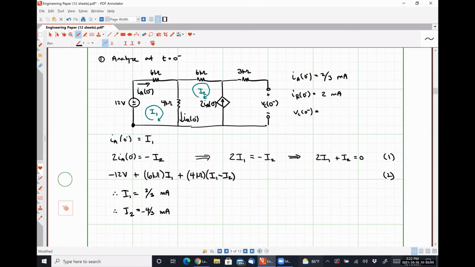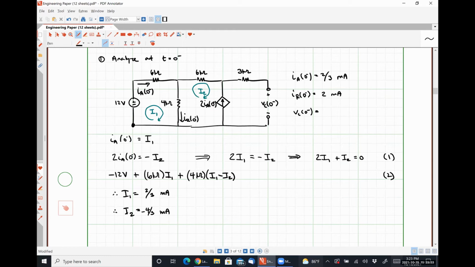Anybody have any thoughts on how we might determine VC? Across what resistor? The 4K resistor? I disagree. The 6K on the right plus the 4K.